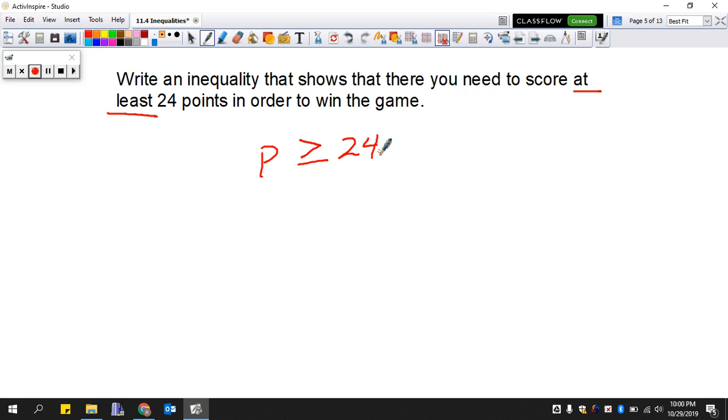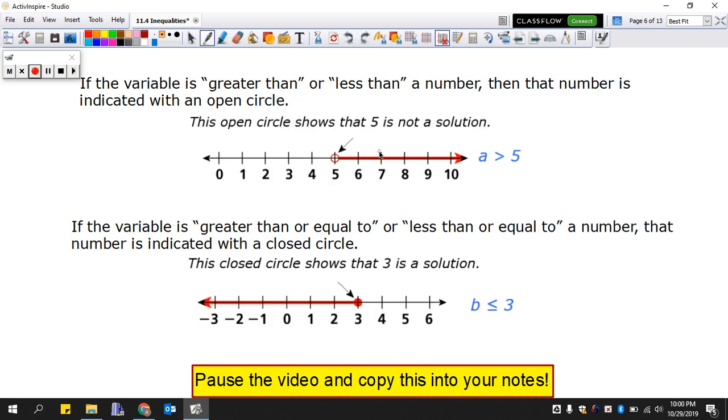All right, now something else for you to write in your notebook is that if a variable is strictly greater than or strictly less than a number, then that number is indicated with an open circle like this right here.